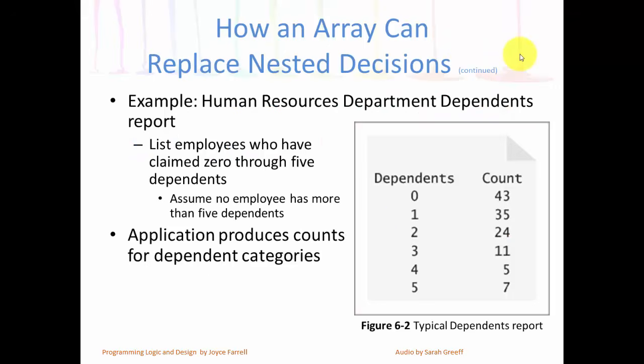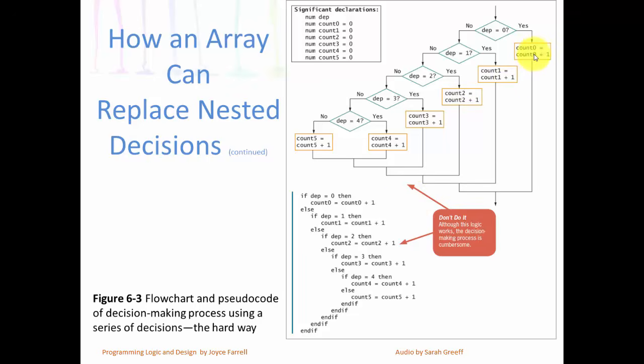If it is 0, so our dependents are 0, we are going to have a counter just for 0 dependents. We're going to have a counter just for if they have 1 dependent. We're going to have a counter for if they have only 2 dependents. If they have 3 dependents, a counter for 3. If they have only 4 dependents, a counter for 4.